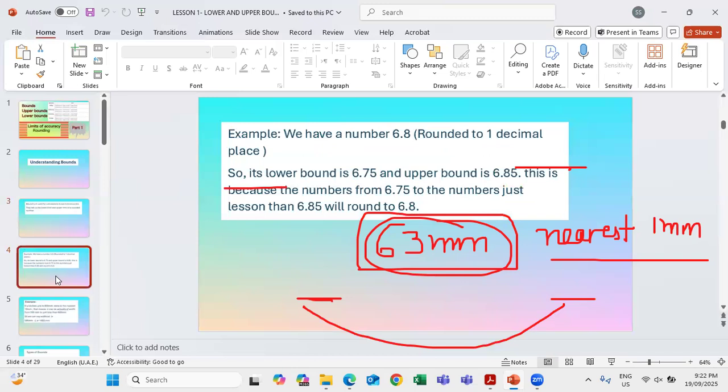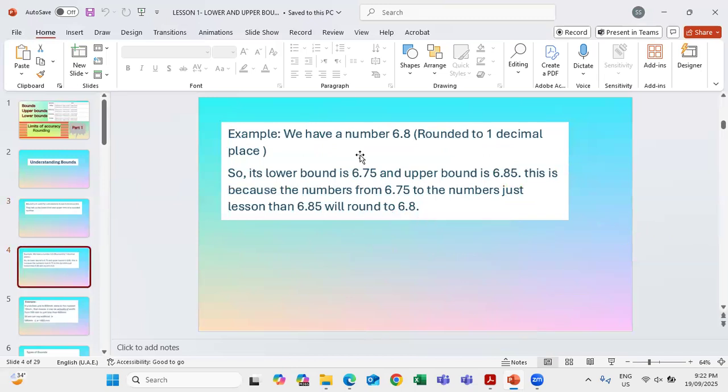Next, for example, you have a number 6.8 and we said this is rounded to one decimal place. So its lower bound will be 6.75 and its upper bound is 6.85. This is because any number from 6.75 up, if you round it to one decimal place, will be 6.8.